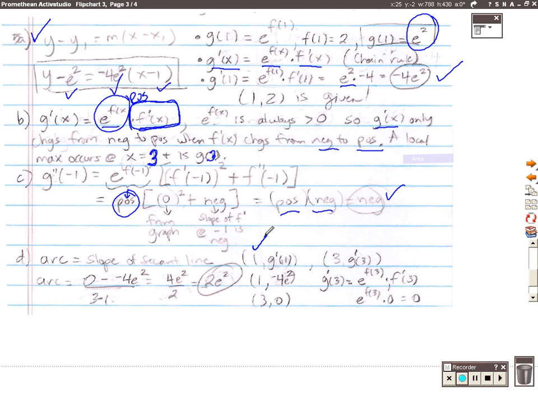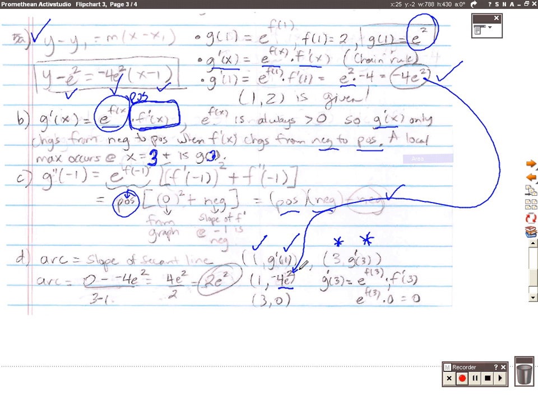I need the derivative of g at 1. I have an x value of 3, and I need the first derivative of g at 3. The first thing I'm going to do, I already know that when x is 1, the first derivative is -4e squared. I did that back up here.